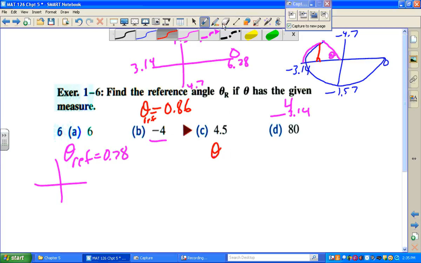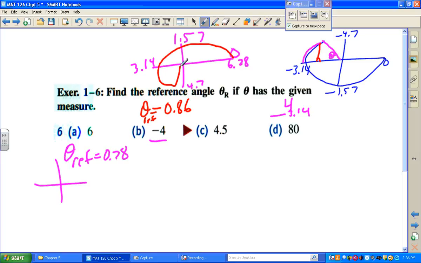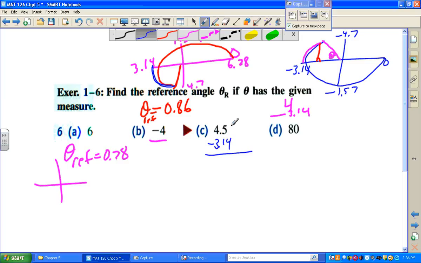What about C? 4.5. No. Well, I'd use this one. 4.5, I'm right here. So I have to go back to the x-axis. So I'm going to subtract 3.14. So I get 1.36 as my reference angle.